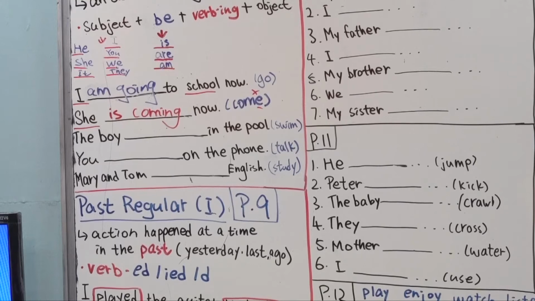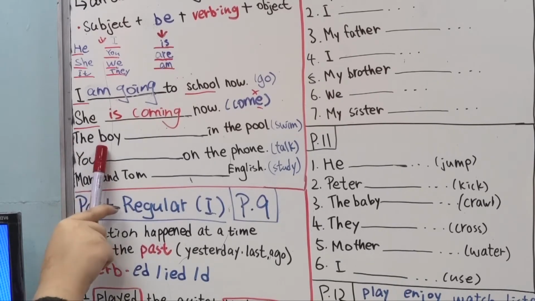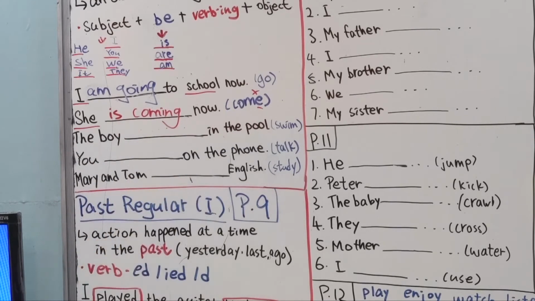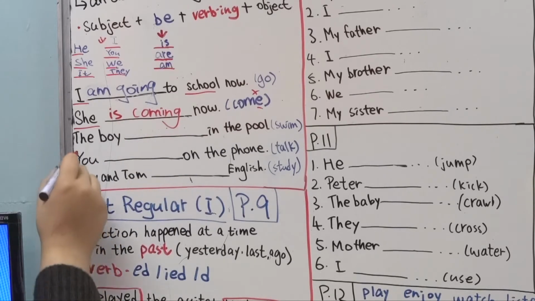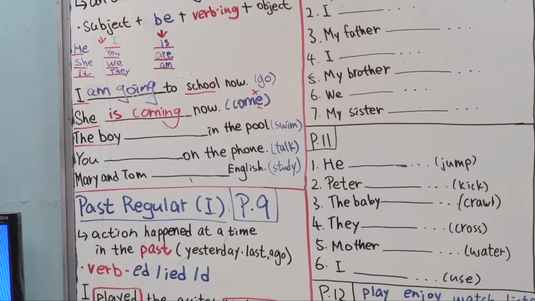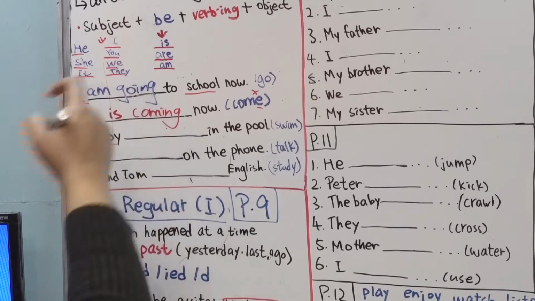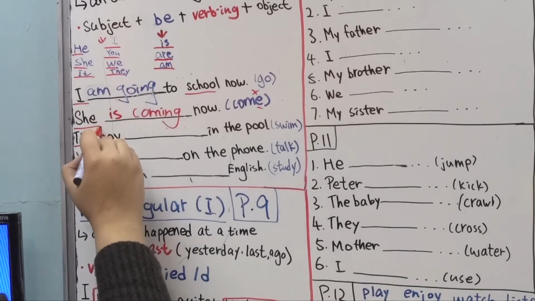Let's go with number 3. The boy, what's in the pool? So the boy tells you that is a subject. What subject pronoun do we use for the boy? That should be she? Really? That should be we? No, that should be he.